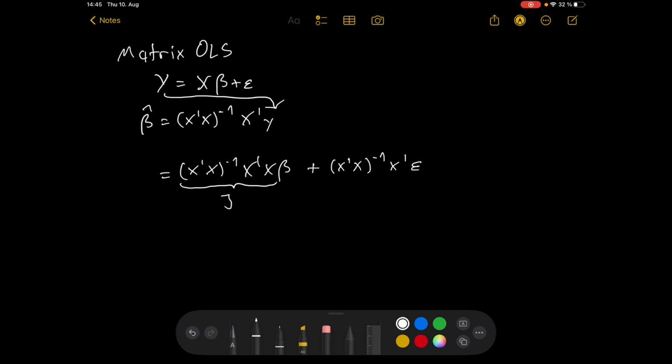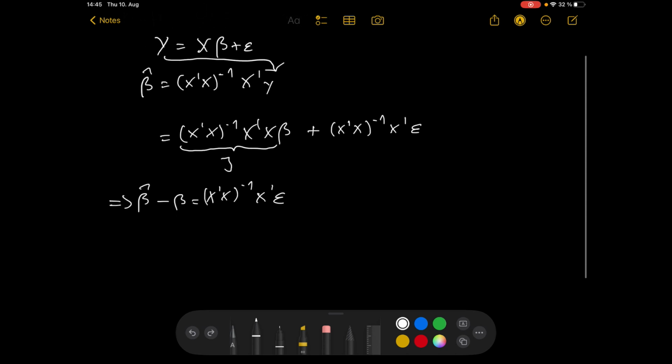So now we can rearrange, and we get beta hat minus beta is equal to x prime x inverse x prime epsilon. So this is essentially the deviation between our beta hat and our true beta.